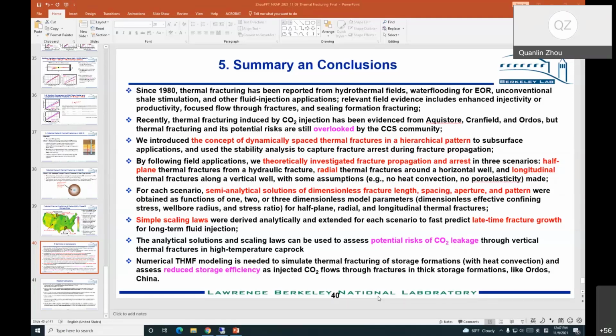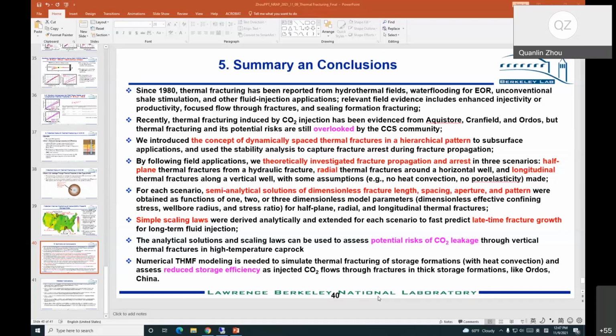We know the temperature is about 30-something degrees C, and the chimney is far away from the injection well. You know that for the fracture length, so that's not the case.